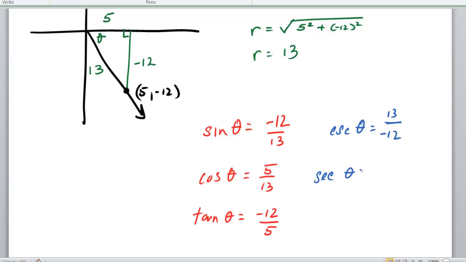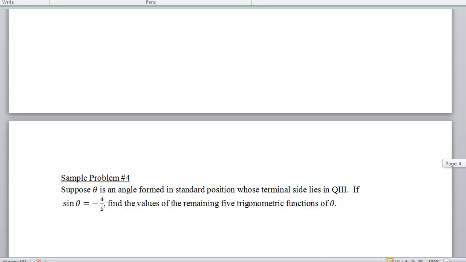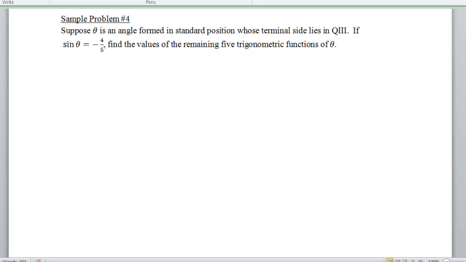Then we have the secant of theta, which is 13 over 5, and the cotangent of theta, and that's going to be 5 over negative 12. And so there are our 6 trig functions based off of the point (5, negative 12) being on the terminal side. So that is a basic problem using our understanding of the trig functions on a circle.